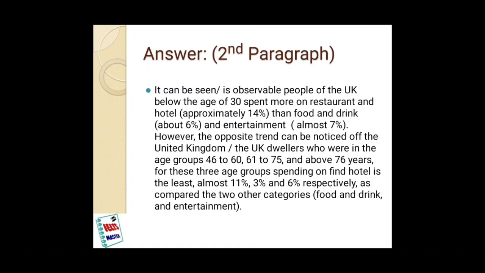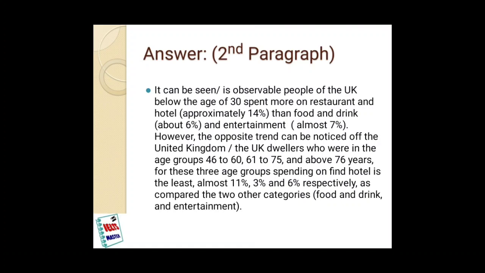For these three age groups, spendings on restaurant and hotel is the least, almost 11%, 3%, and 6% respectively, as compared to the two other categories in the bracket, food and drink and entertainment.